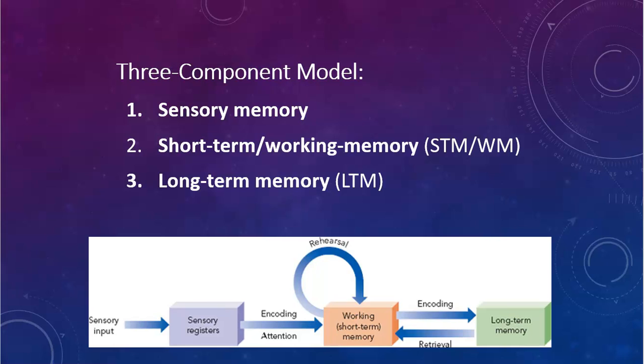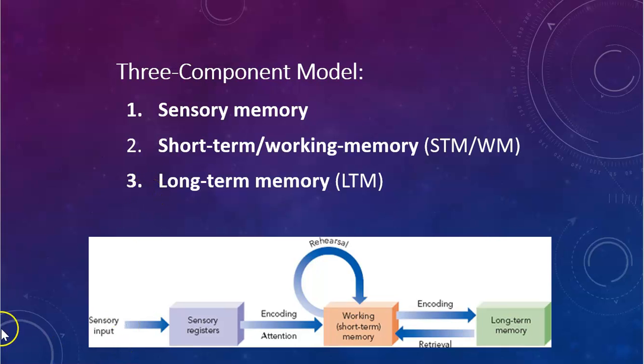So here we are incorporating the three processes of memory with the three-component model. The three-component model says that there are three types of memory: sensory memory, short-term memory, also called working memory, and long-term memory.